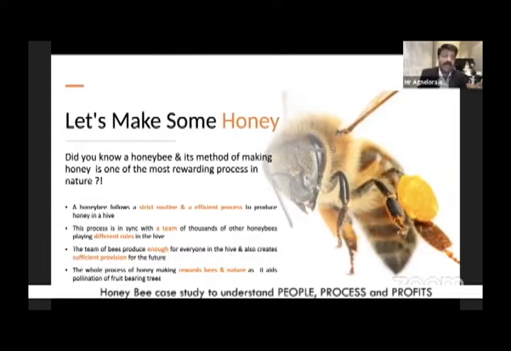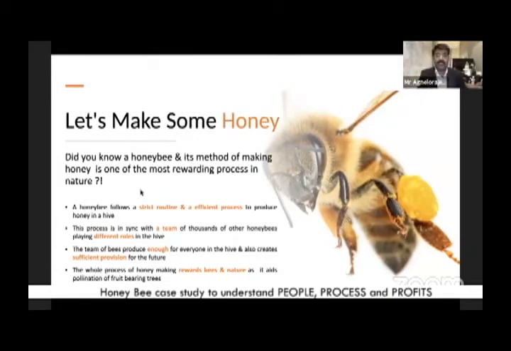So friends, the process that the honeybee follows is in sync with a team of thousands of other honeybees playing different roles in the hive. When you go through the process of honey making in detail, and I'll be just touching the surface in the story, you will realize that thousands of honeybees together sync with each other.